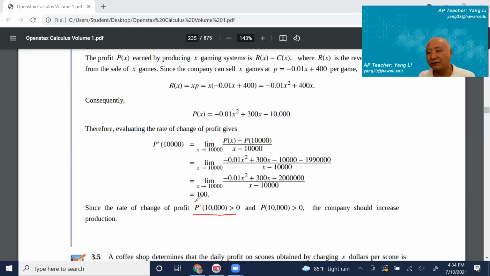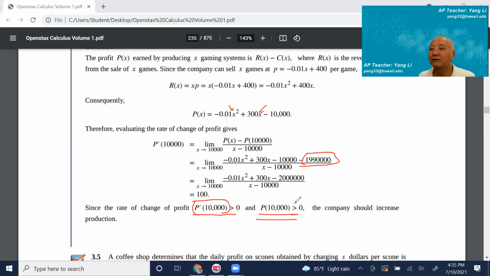Since this is positive, it means at the 10,000 production level, if you increase the production, like 10,001, 10,002, the profit is increasing, right? We know this one, you just plug 10,000 in here, and you get this level.